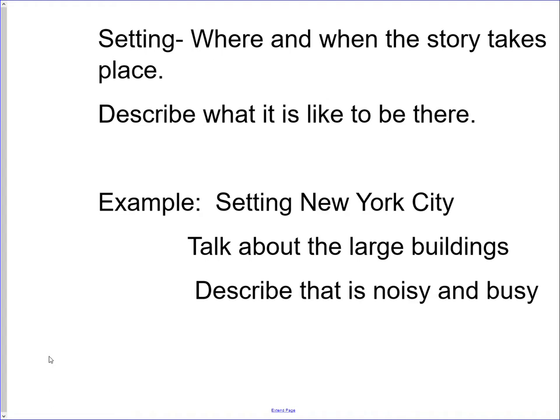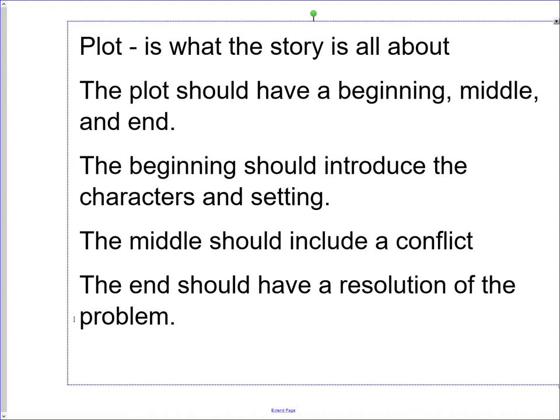We would talk about that it's noisy, it's busy, it's crowded, there's lots of people there. That helps you understand what New York City is like. So if you describe all those things, that'll be very helpful to the reader. So you want to introduce this in the beginning of your story as well, of where it's taking place, and describe your setting.